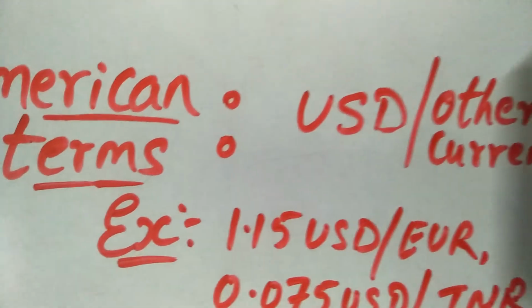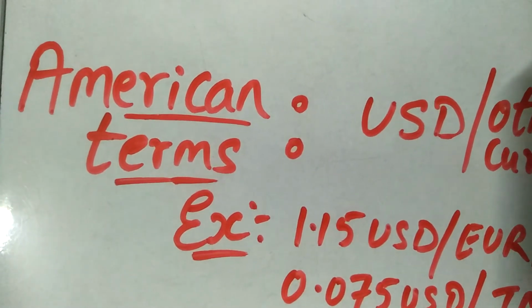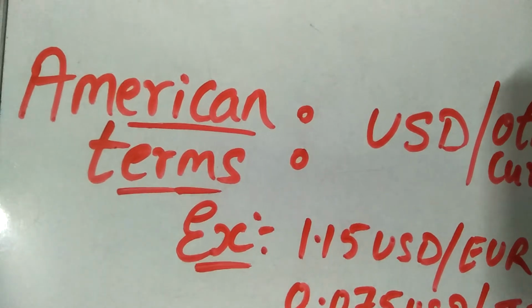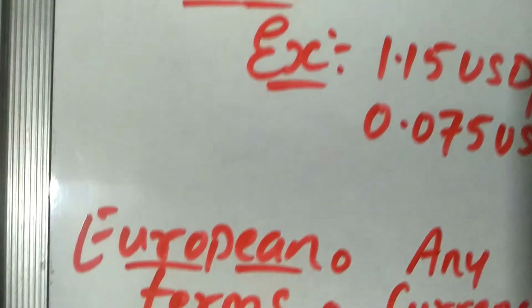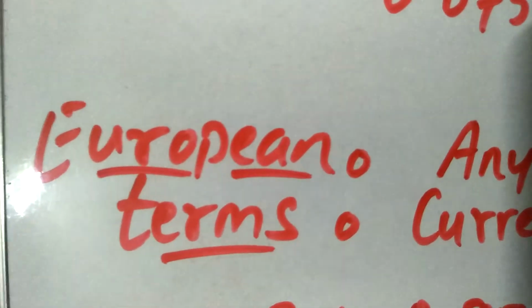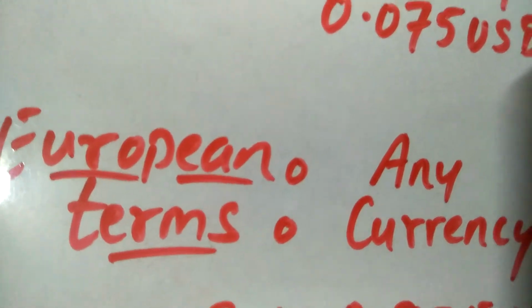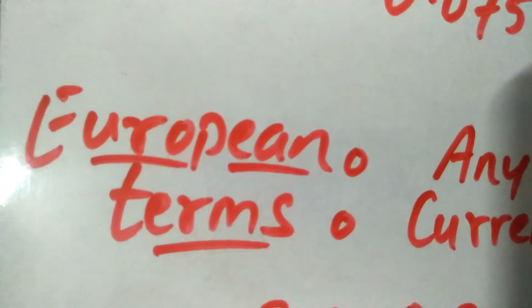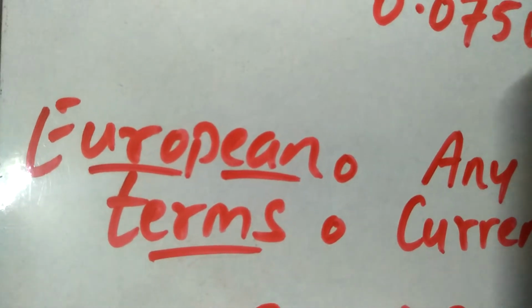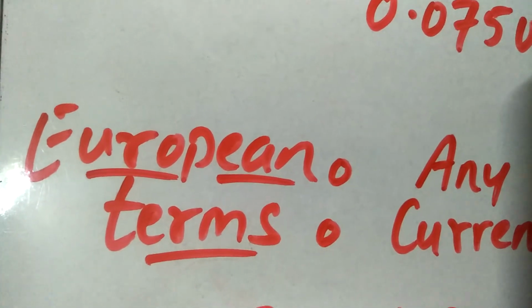And when it was not written for the Americans, then it was obviously for the European people, and that is why it is termed European terms. However, like I said, European terms has got nothing to do with European people or the euro currency as such.